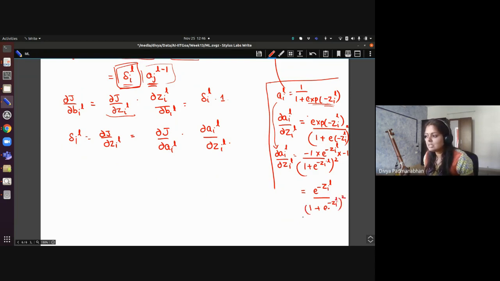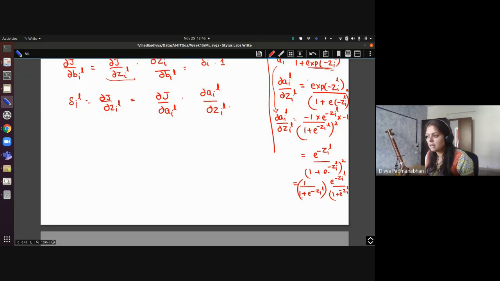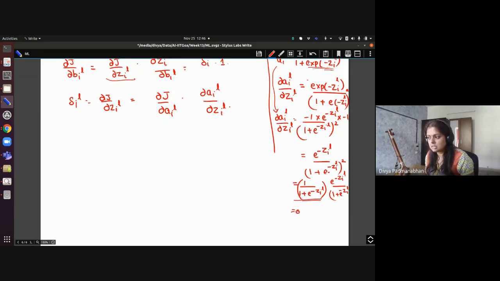If you look at this, you can break it down. There is 1 by (1 plus e power minus z^l) times e power minus z^l by (1 plus e power minus z^l). I'll just split this up. This part is exactly the same function, sigma of z^l.